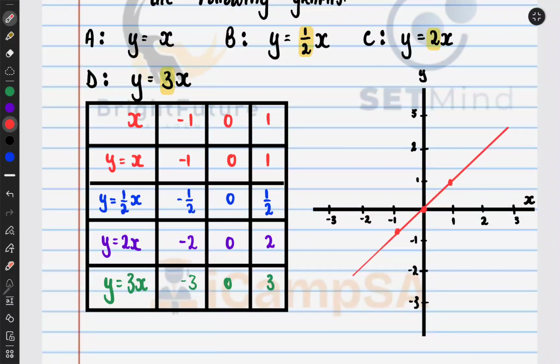And remember that when y is equal to x, the mother function, the value of a in that case is just 1. Just keep that in mind, and I'll just call this function a.